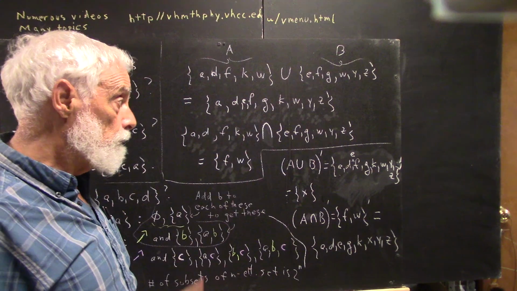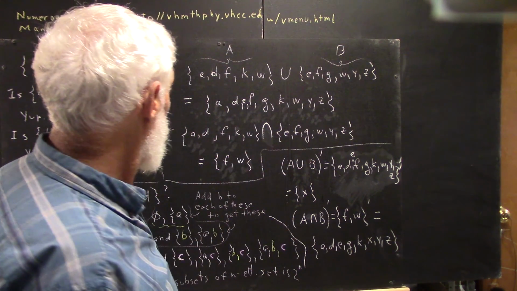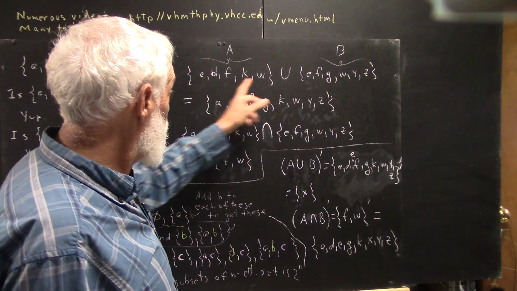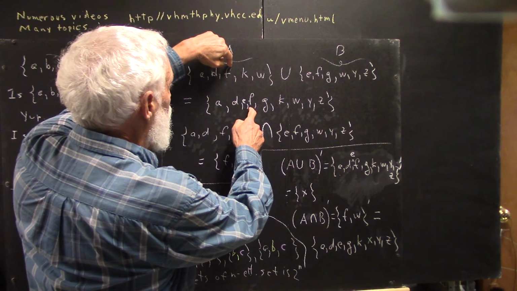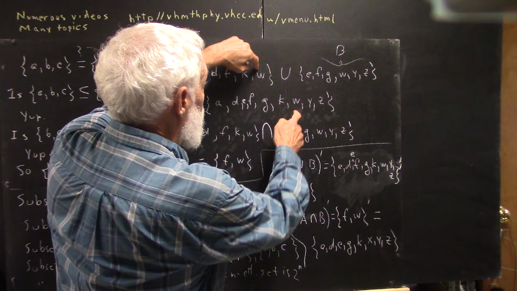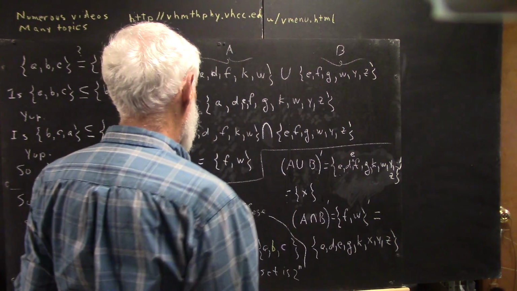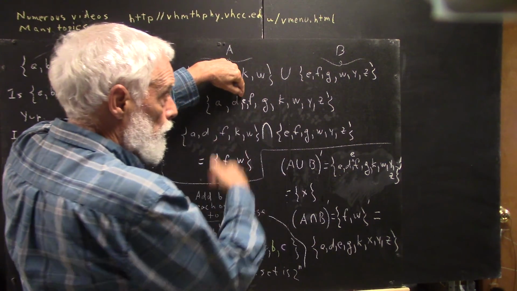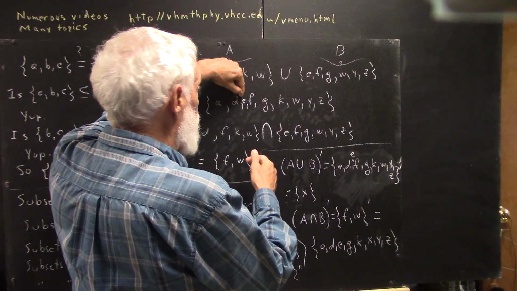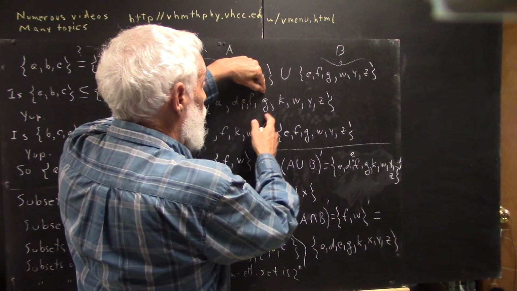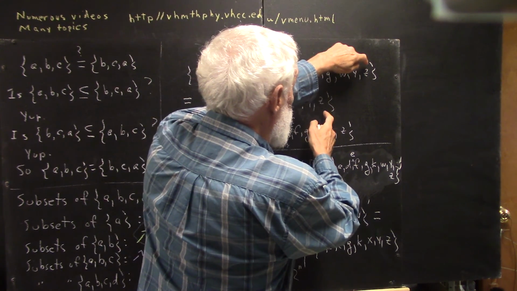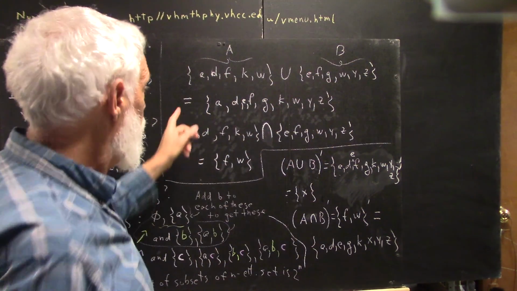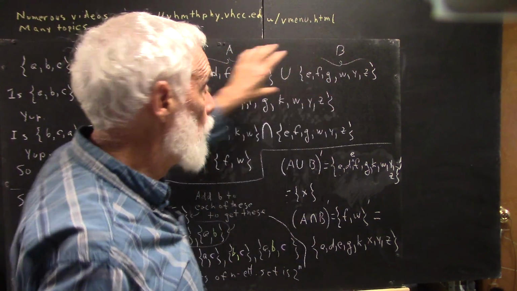So now we can double check. First of all, is every element of A here? Well, there's A, there's D, there's F, there's K, and there's W. Is every element of B in the set? Well, yeah, there's E, kind of squeezed in, but there it is. And there's F, and there's G, and there's W, and there's Y, and there's Z. Is there anything in this set that doesn't occur in one of these?